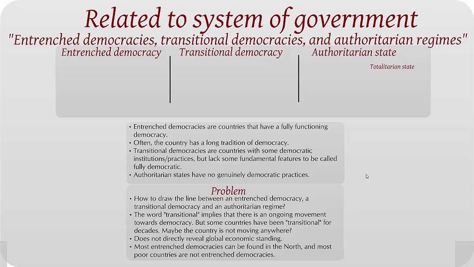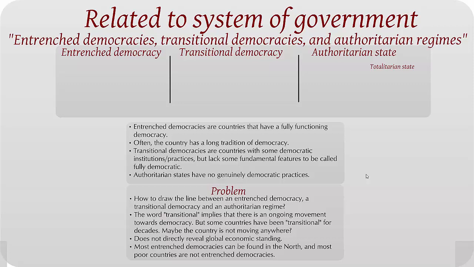Elections might not be completely free and fair. The press might be constrained in various ways. There might be an opposition party, but they might struggle to field candidates and reach out with their message and so on. Whereas authoritarian states have no genuinely democratic practices at all. So it's a straight up autocracy in some kind of fashion.